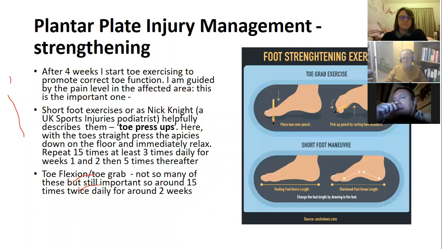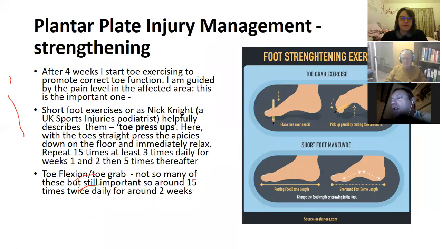Okay, and then after about 4 weeks has passed, you're in the shoes, you're doing the background exercising, you've got the taping going on, you've got the insole in your shoe. Then, this is me, I tend to start toe exercises because I'm hoping now that quite a bit of healing has started in that plantar plate.